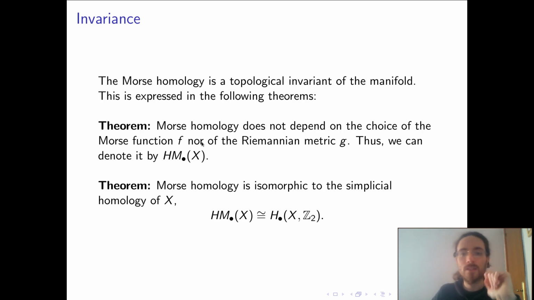So the first theorem tells us that Morse homology does not depend on the choice of Morse function or on the Riemannian metric J. So if you choose different Morse functions or different vector fields associated to them, you will always find the same homology as long as your choices allow you to define this homology.